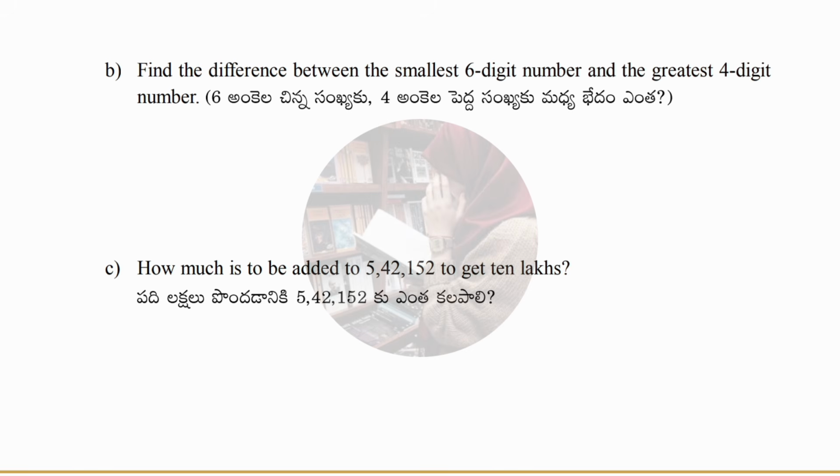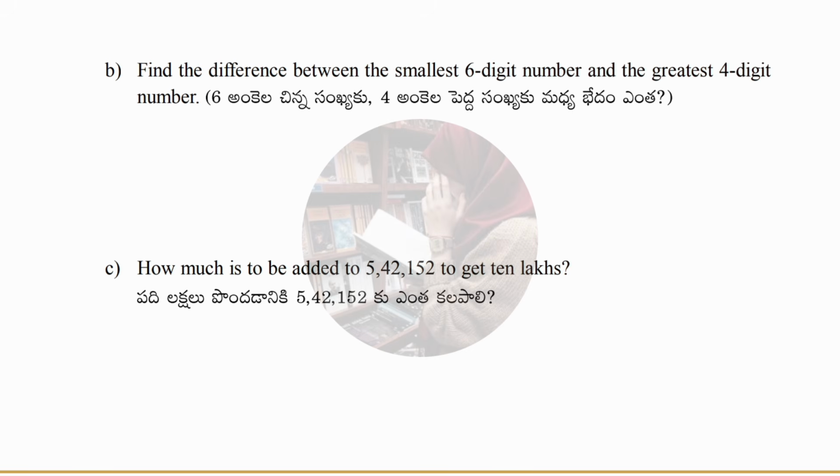In the same manner, the greatest 2-digit, 3-digit, 4-digit number will be 99, 999, 9,999, 99,999, depending upon how many digits they give. Please remember this, then it will be easy for you to do this type of sums whenever given in the exam.